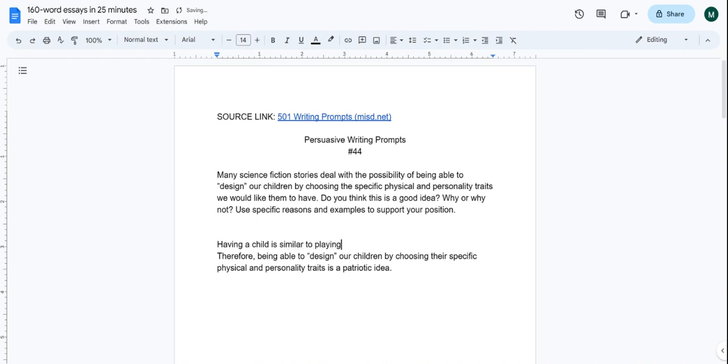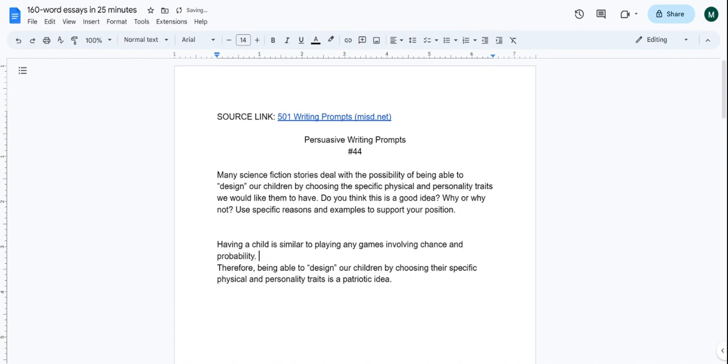similar to playing any games involving chance and probability. Any type of game involving chance and probability.